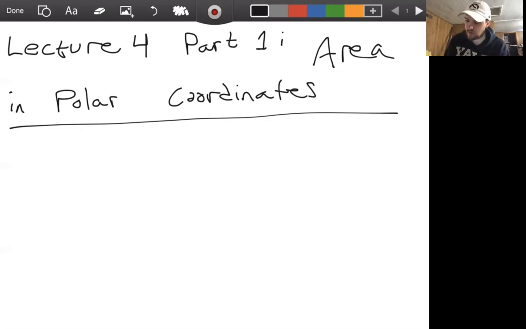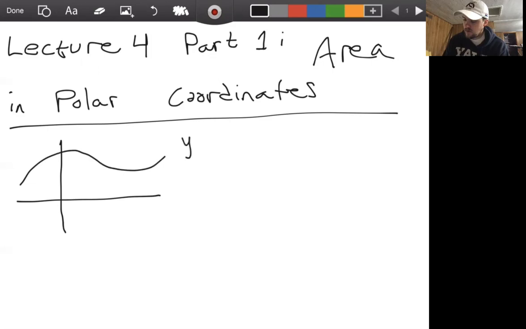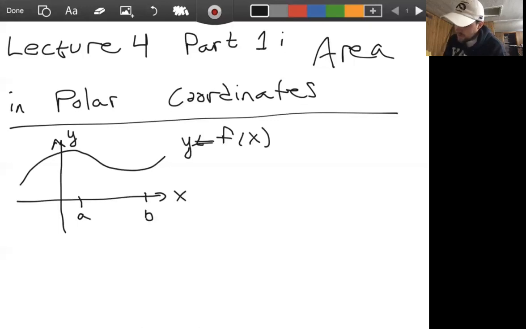So we remember from Calc 1 and 2 that if you have some curve, say y equals f of x, right? If we want to look at this function from, say, the x interval a to b, well, then we can talk about area bounded by lines extending from x equals a and x equals b, and then bounded between your curve and the x-axis.